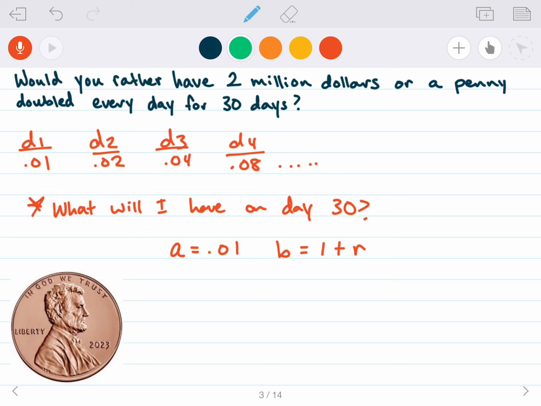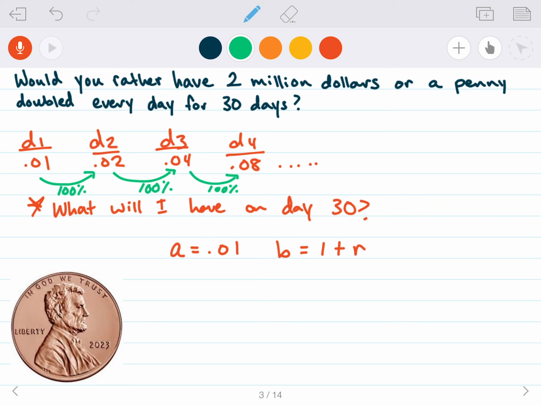Now, what's the percent change? We can look at it in a couple of different ways, but we can see that R is changing by 100%, right? Because we're doubling. So this is from a penny to 2 pennies, that's 100% change. From 2 pennies to 4 pennies, again, that's 100% change, and so forth.